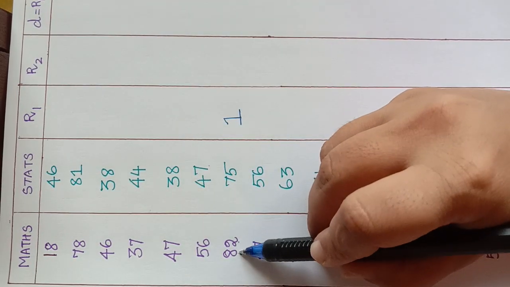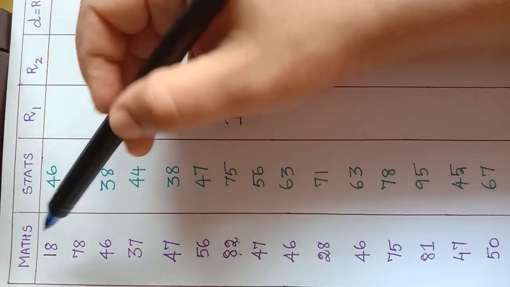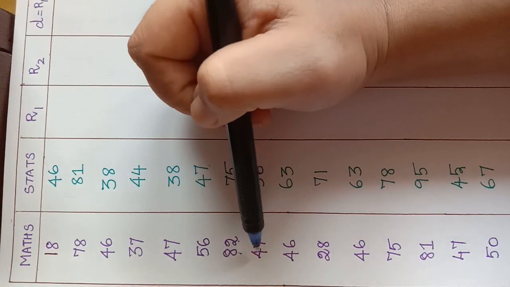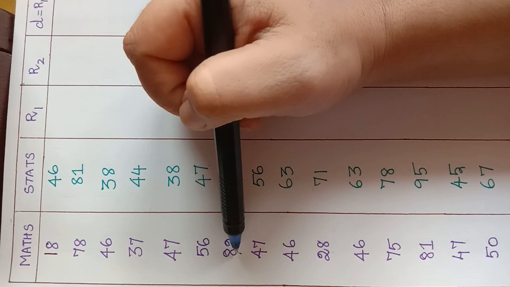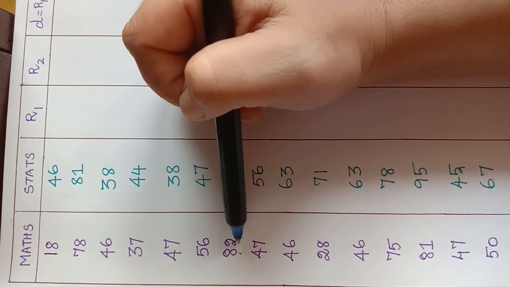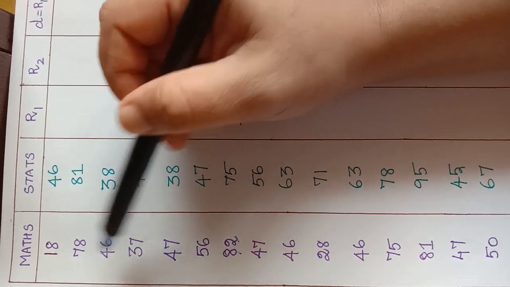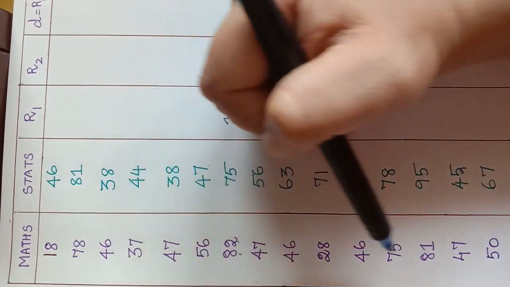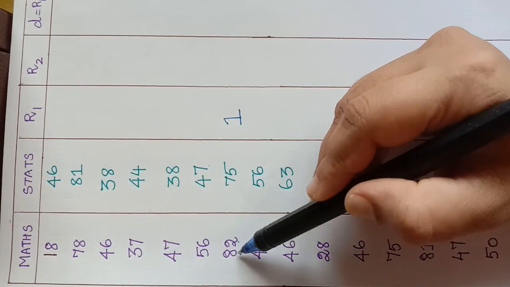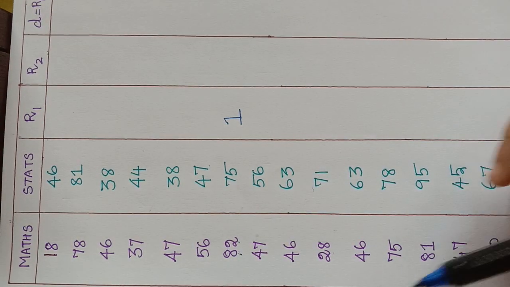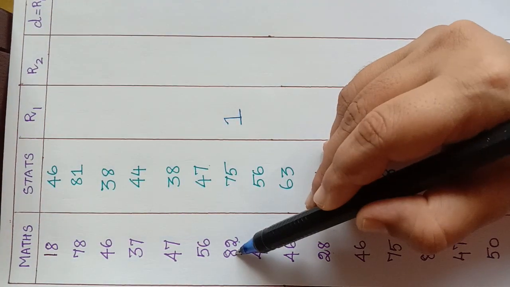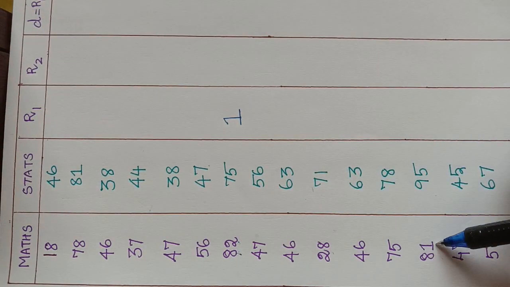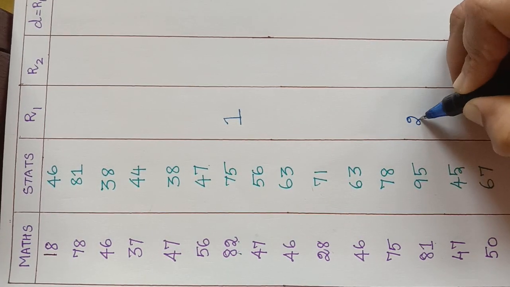If you want to do it easily, check the first digit of all these numbers and compare those digits to see which is highest. For example, the highest first digit is 8. Here you have 8 and here also you have 8, and this is 81 and this is 82. So obviously 82 marks will get the first rank and 81 marks will get the second rank.